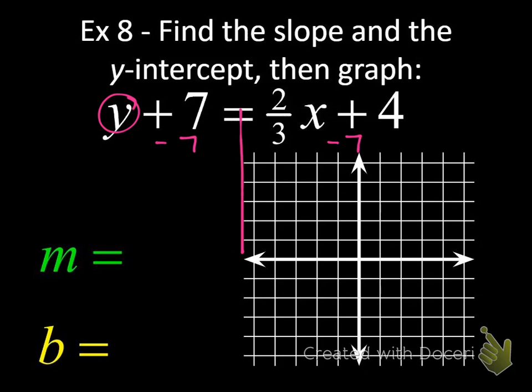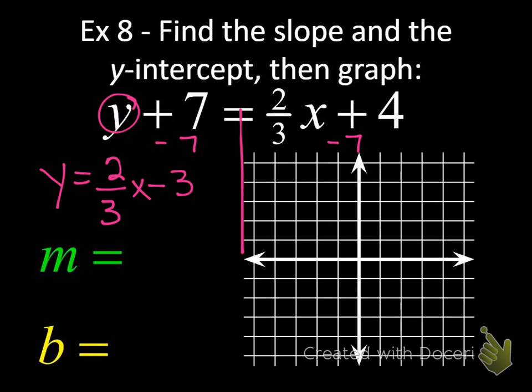No. So it's going to be y equals 2/3 x. But can I combine positive 4 minus 7? Are they like terms? They're both constants, right? So what's positive 4 minus 7? Negative 3. So here's my new equation in slope-intercept form: y equals 2/3 x minus 3.